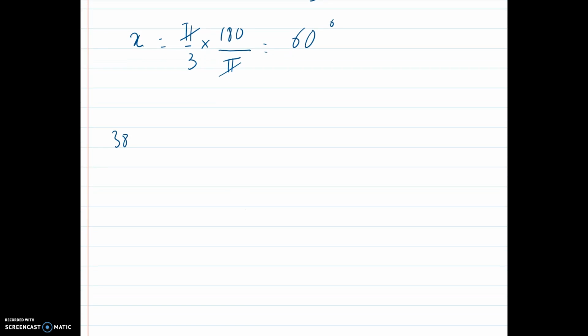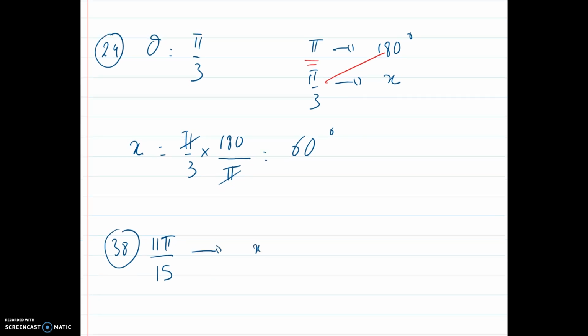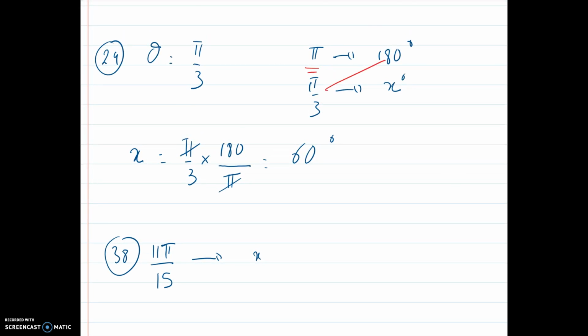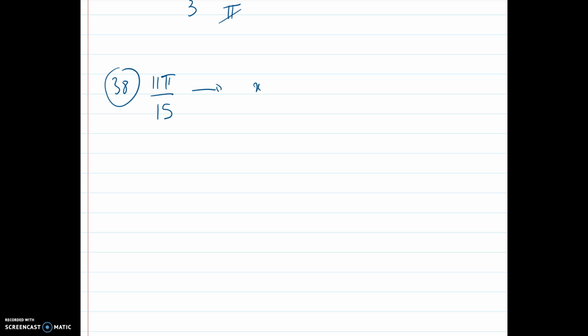Problem number 38. Problem number 38, 11 pi over 15 corresponds to x degree. What did I put before? Yes, right there is supposed to be a degree. So x degree when pi corresponds to 180 degree.